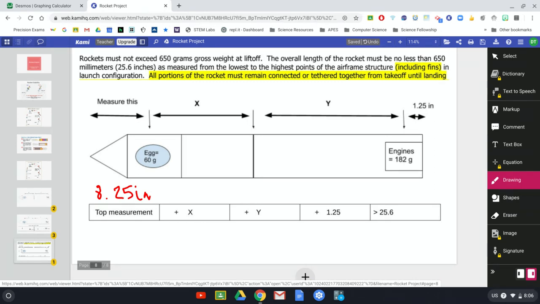So if we add up all of those lengths together, they have to be a number greater than 25.6.